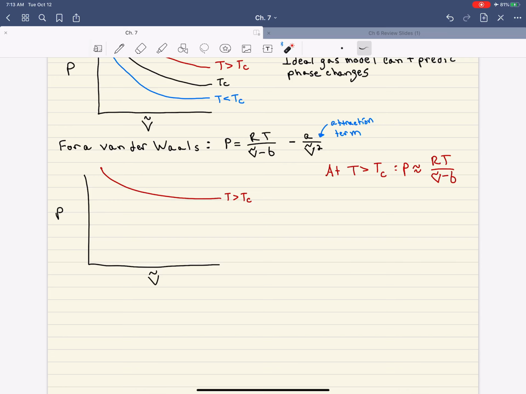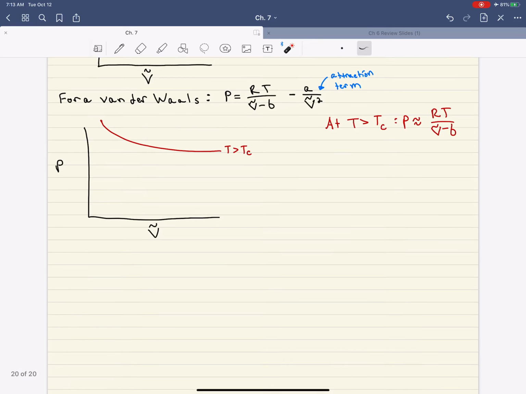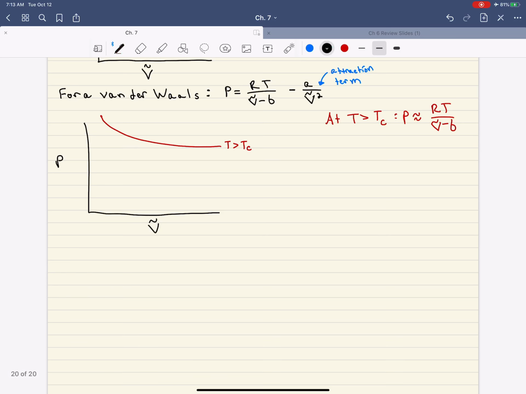And so what we would see is that here, as we decrease volume, this term would increase. But as we decrease volume, this term, because it's V squared on the bottom, would increase even further. And so at Tc, we would expect with the van der Waals to get that inflection point, so here.